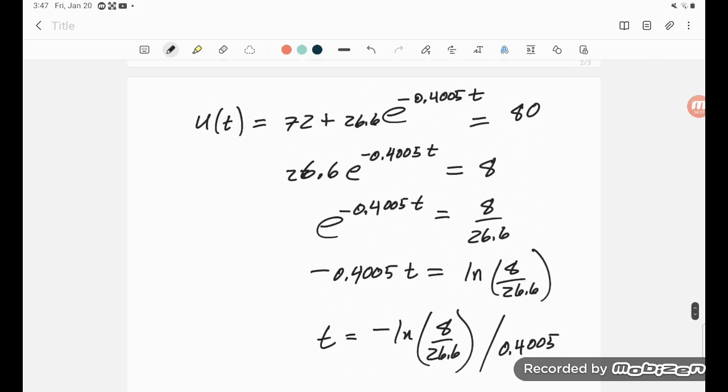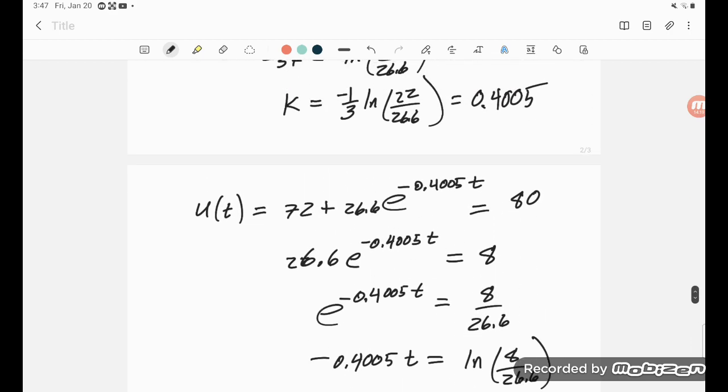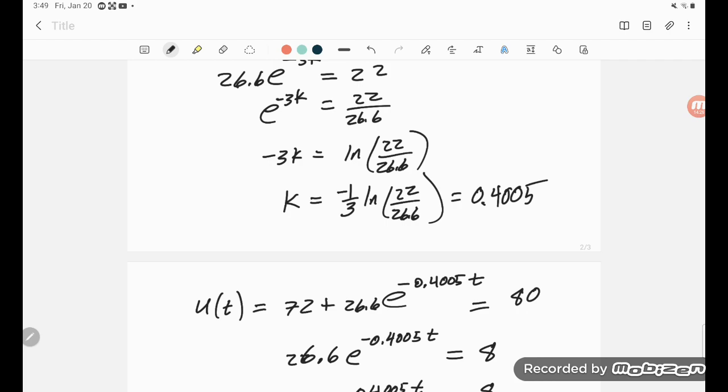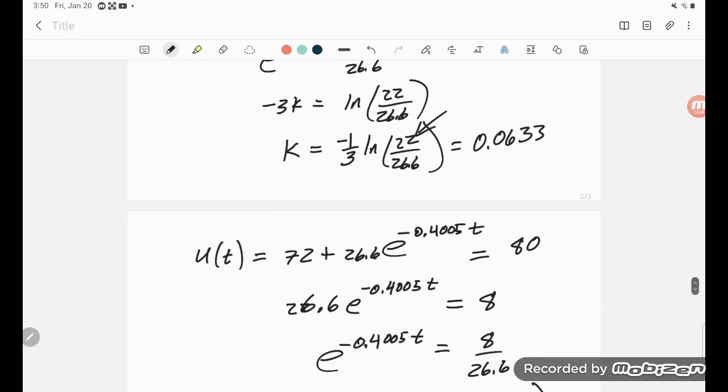Okay, what did I do? So let me pause this so I don't sit there looking for a while. Okay, sorry about that. What I did, I had a typo here. I didn't actually do 22. Sorry about that. Bad fingers, I guess. So this is 0.0633.